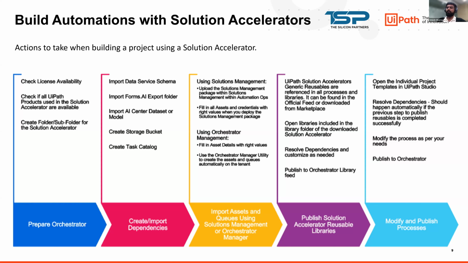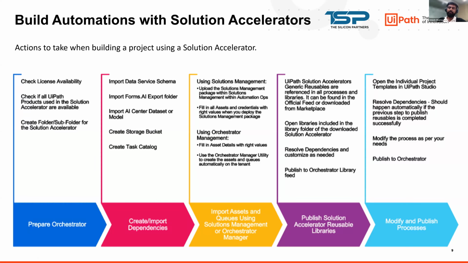The next is resolving dependencies. We'll see how to resolve the dependencies, if any. And then once everything is done, you can just simply deploy the libraries and processes to Orchestrator. And once it is done, you can just start using it, and then you can test it. And it's very quick to deploy.